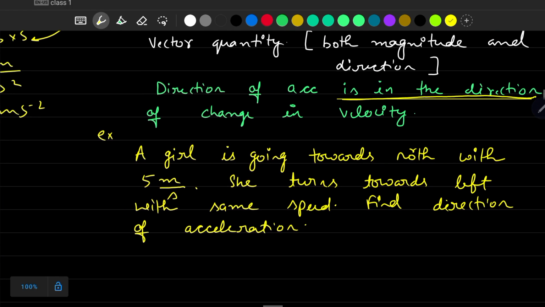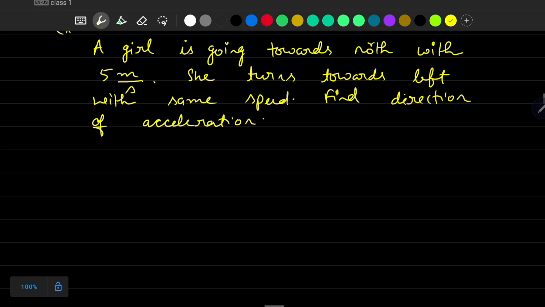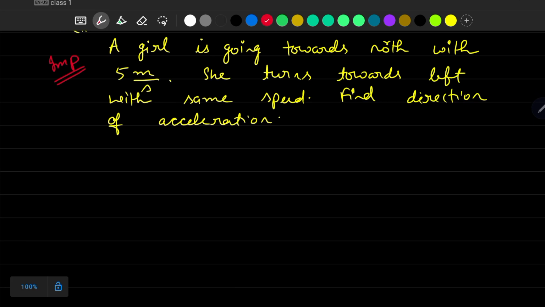Now we will solve a problem. This question is really very important and very conceptual for initial study. A girl is going towards north, so whenever you see these directions you can draw like this. This is the north direction, this is south, this is west, and this is east.